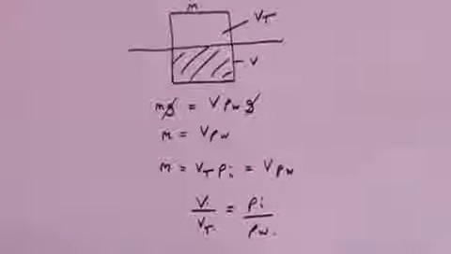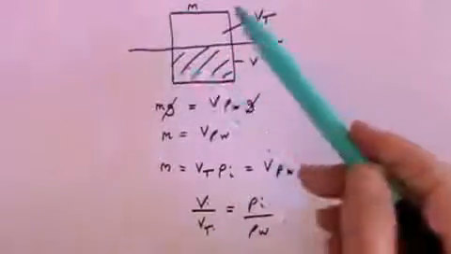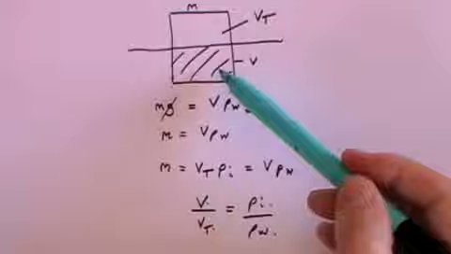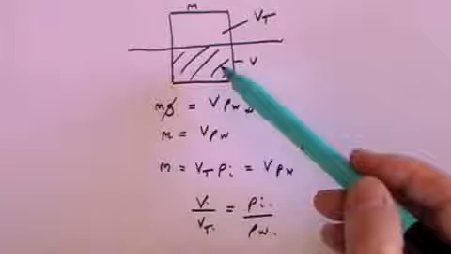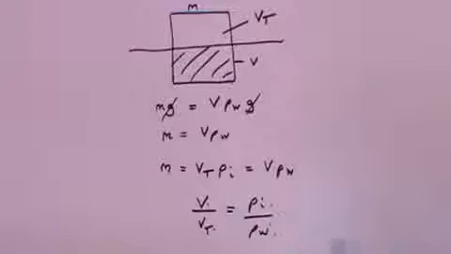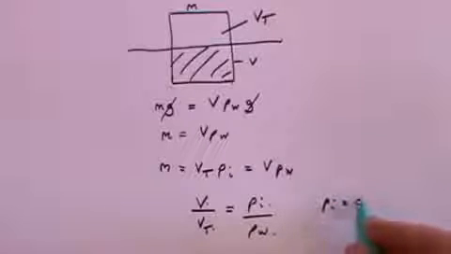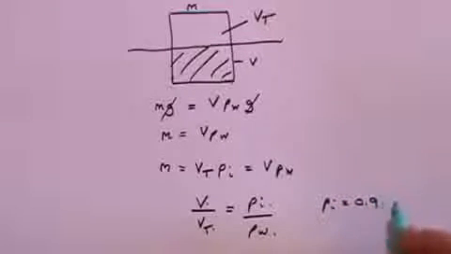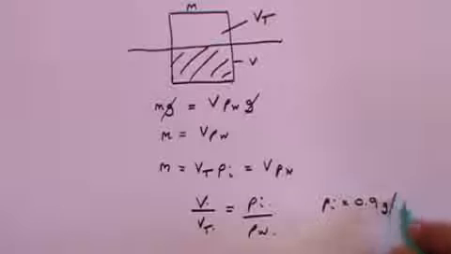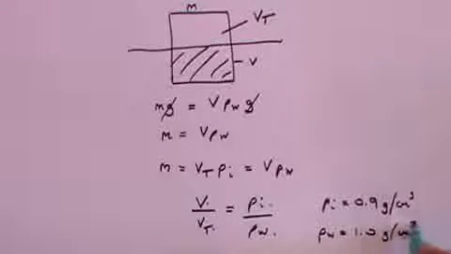Now, in the case of an iceberg, or indeed any floating object, what is the proportion of the volume of the object that is underwater? Well, you can deduce that if you know the respective densities. In the case of ice, the density of ice is approximately 0.9 grams per cubic centimetre. And the density of water is approximately 1.0 grams per cubic centimetre.